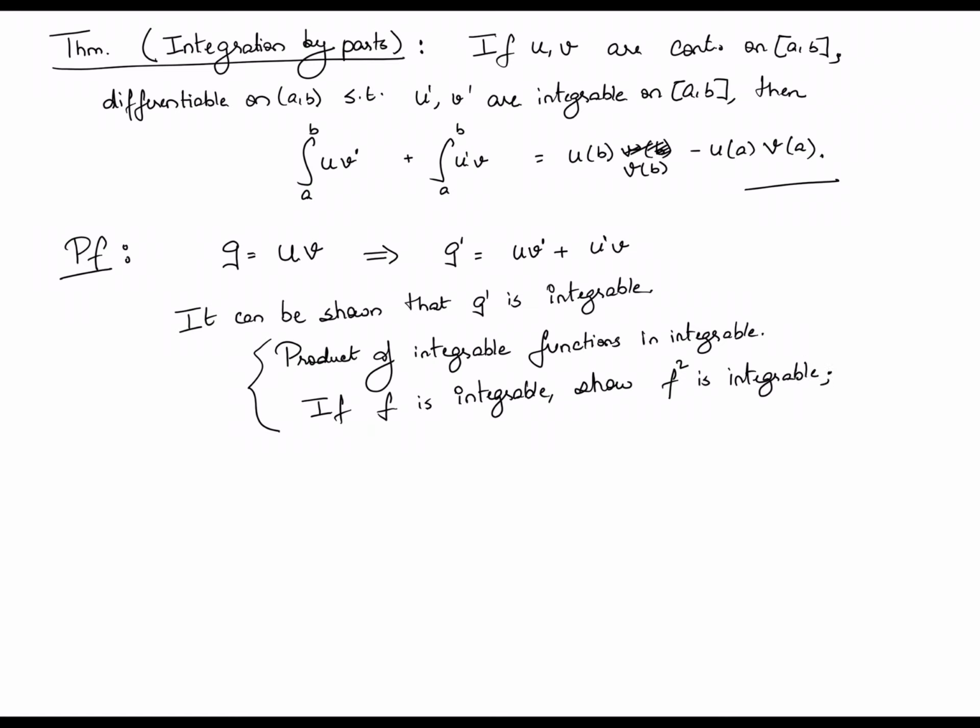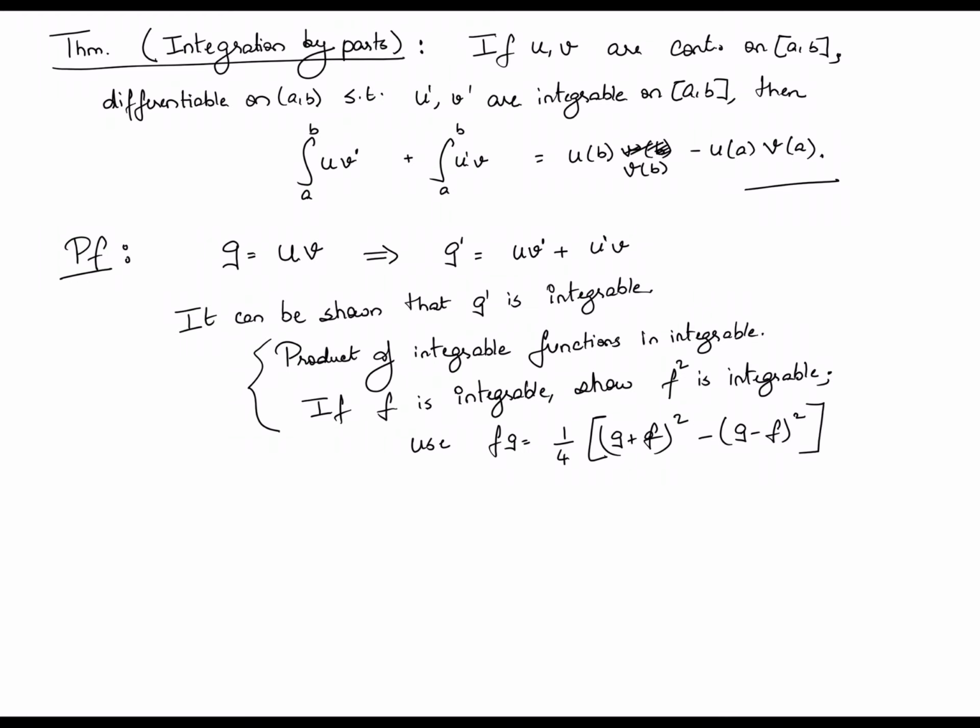Right? If you can prove that if f is integrable, f square is integrable, then that fg, which is a product, is integrable, actually follows quite straightforwardly, because then you can use the fact that f times g is in fact a quarter of f plus g the whole square minus f minus g the whole square.